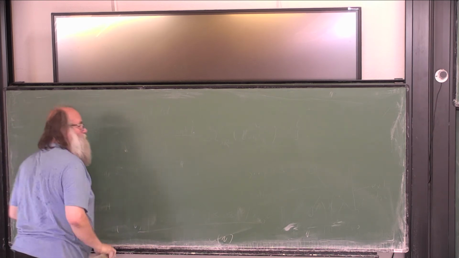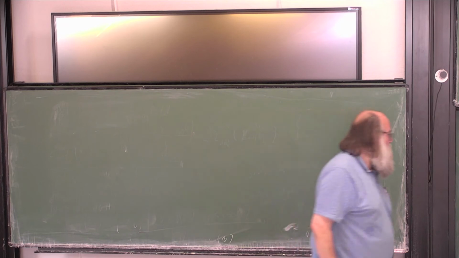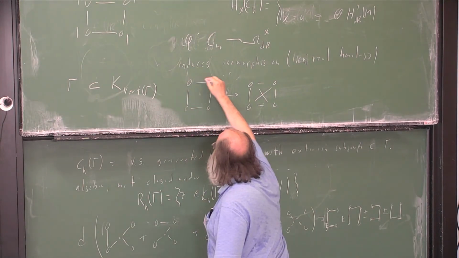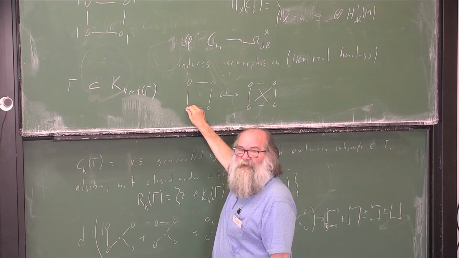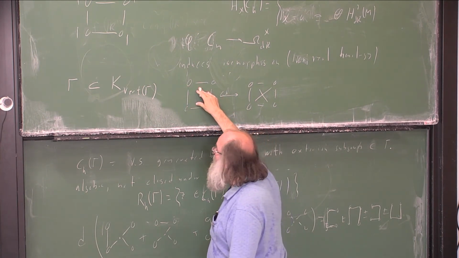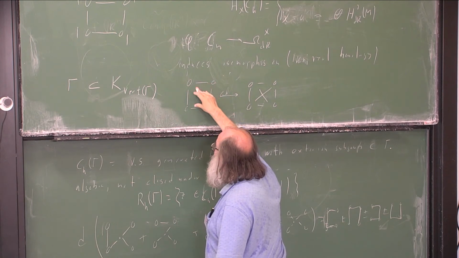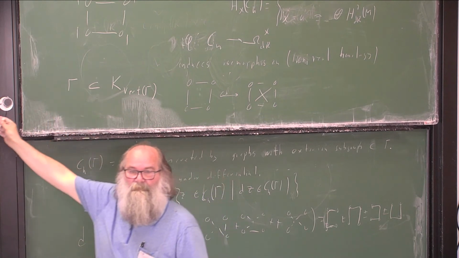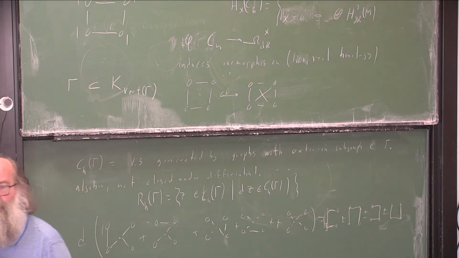Can you say again, what was CK without gamma? Okay, so CK of gamma is generated by the graphs such that the exterior part of them is contained in gamma. So these are graphs which are in CK of the complete graph. So it's a vector space generated by the set of graphs.